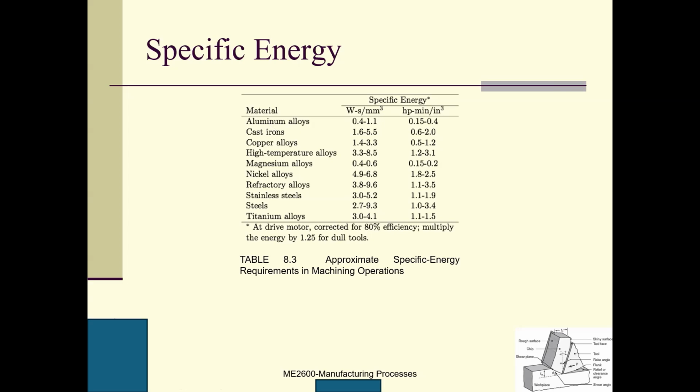You can see the titanium alloys have very, very high specific energy for material removal. Steel has a very big range from 247 to 1043. It depends on what kind of steel and its quality. Right? So there are two columns. One is given in international units, and the other is given in English units.